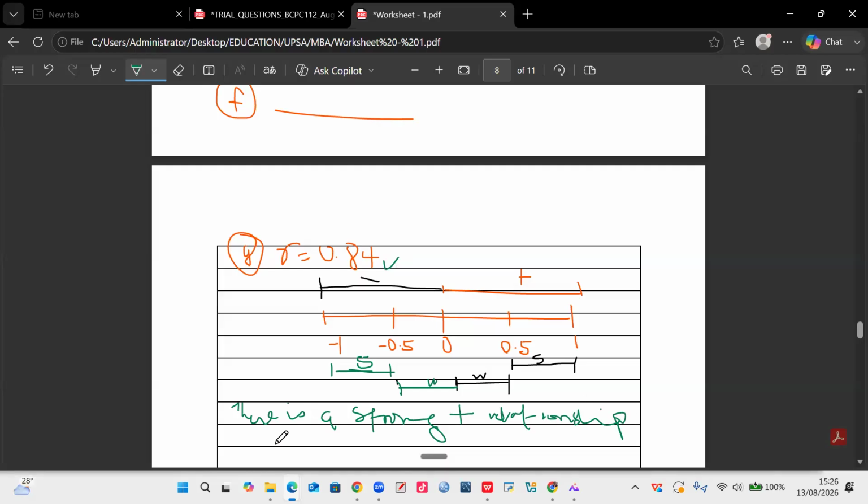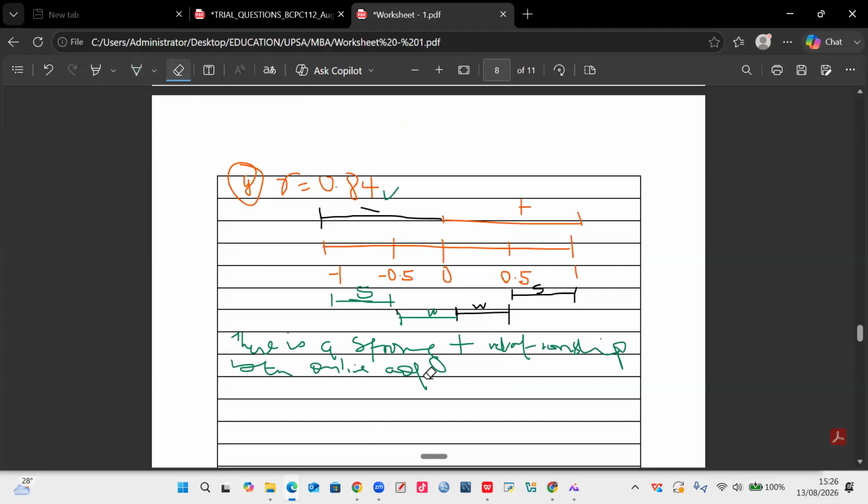Between X and Y, between the online advertising and weekly hotel bookings.